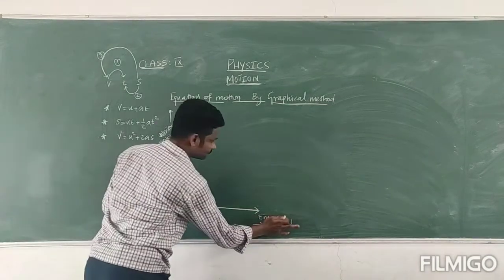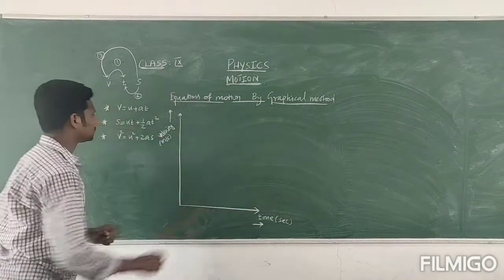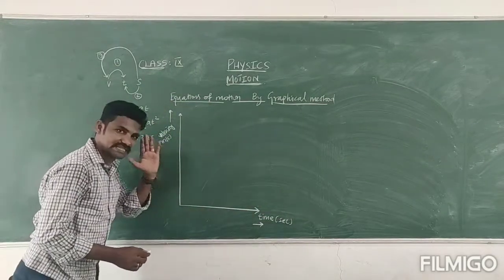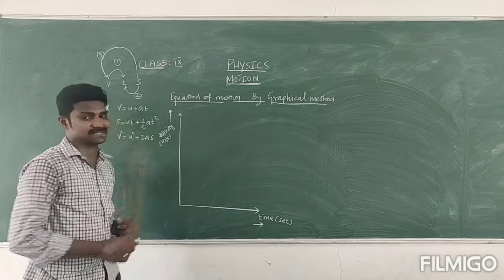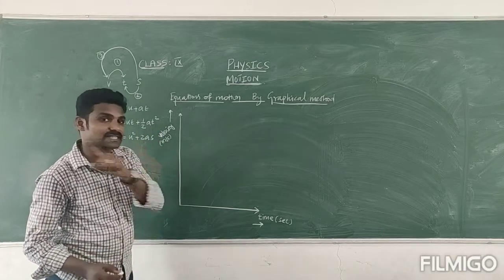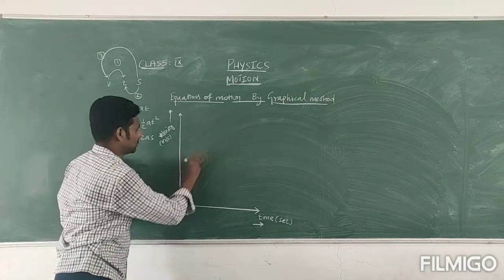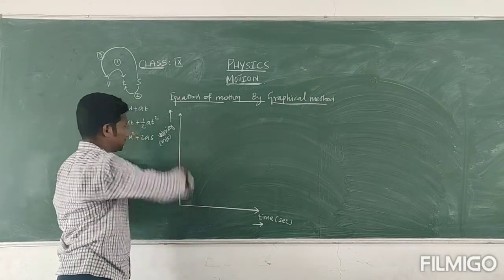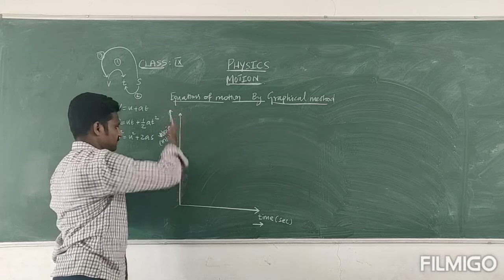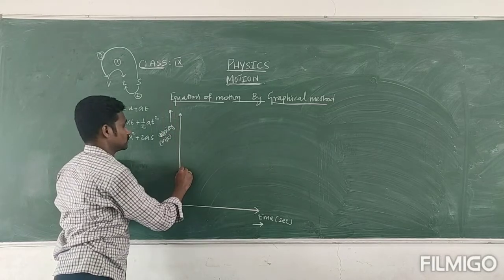So now the uniform acceleration graph, but the initial velocity is not zero. You know that graph already. See that, this is the velocity variation.